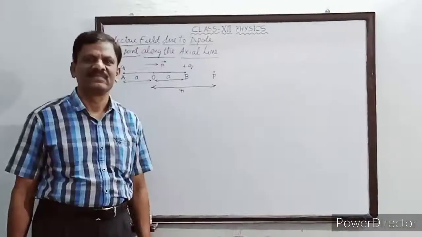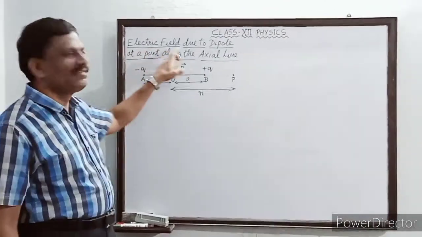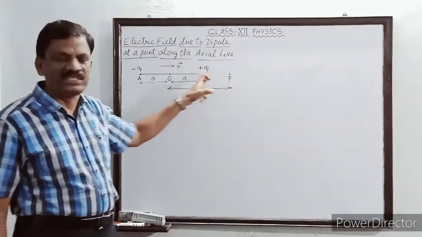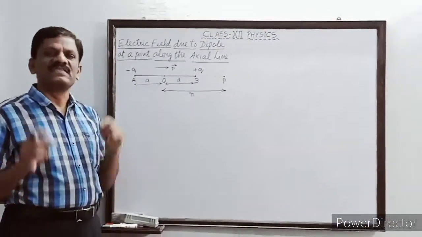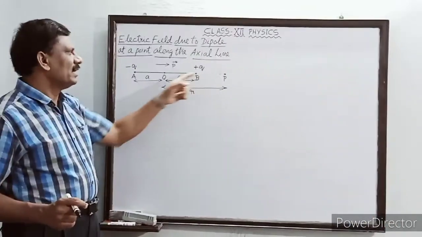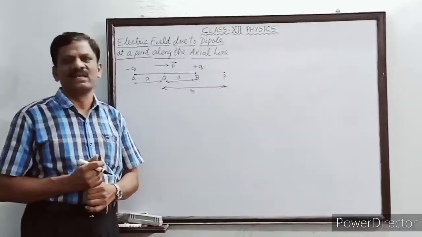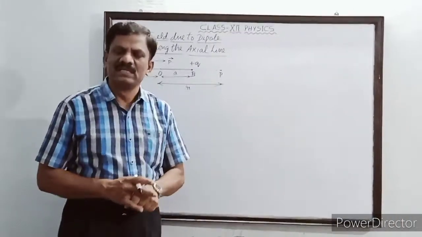Now let us derive an expression for the electric field due to a dipole at a point along the axial line. Any straight line which joins the two charges and passes through the midpoint of the dipole is called the axial line. Now let us understand the picture first.